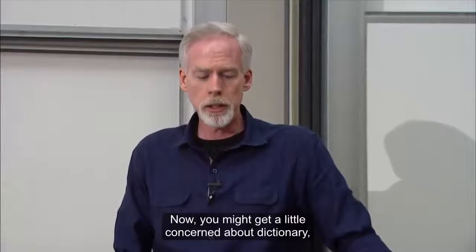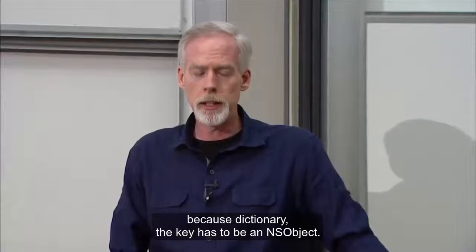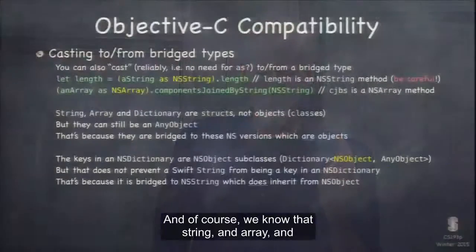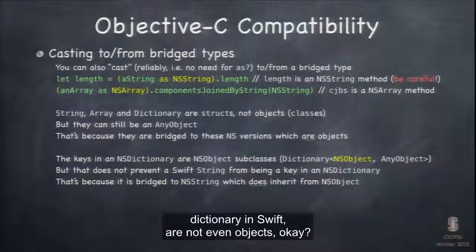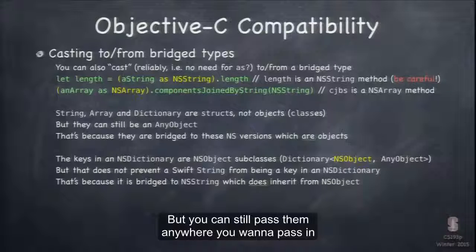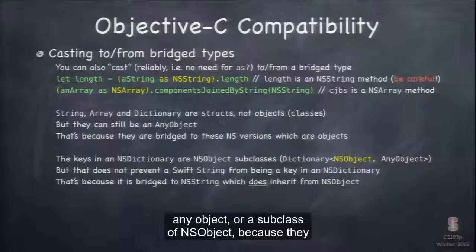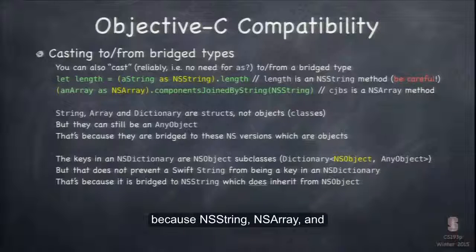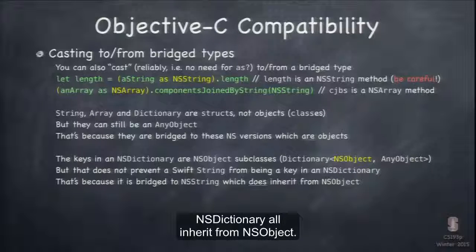Now, you might get a little concerned about dictionary, because in dictionary the key has to be an NSObject. And of course, we know that String and Array and Dictionary in Swift are not even objects. Okay? They're not AnyObject, and they're not an NSObject for sure. But you can still pass them anywhere you want to pass an AnyObject or a subclass of NSObject, because they are bridged to classes that inherit from NSObject, because NSString, NSArray, and NSDictionary all inherit from NSObject.